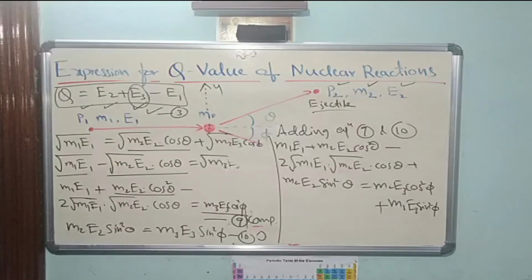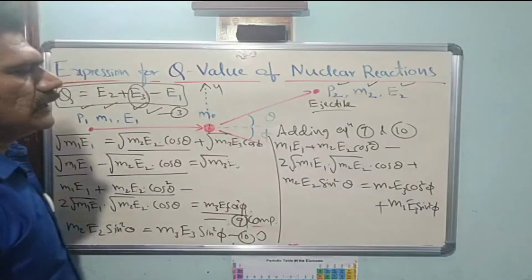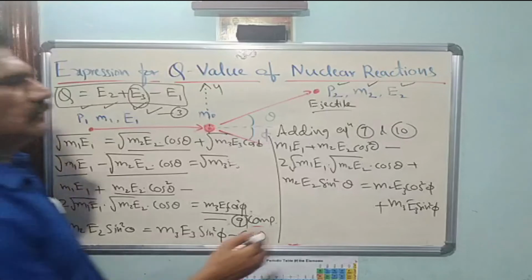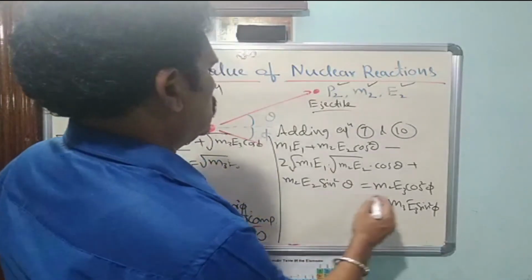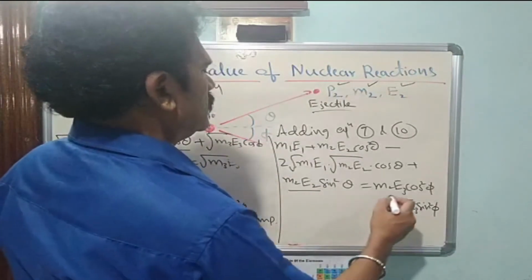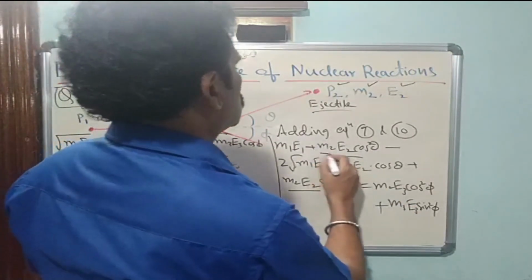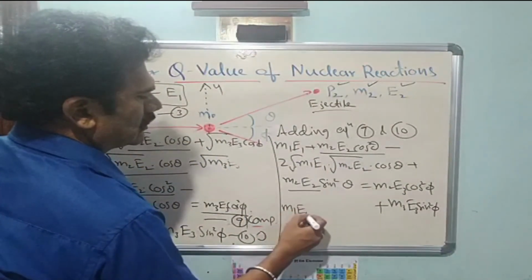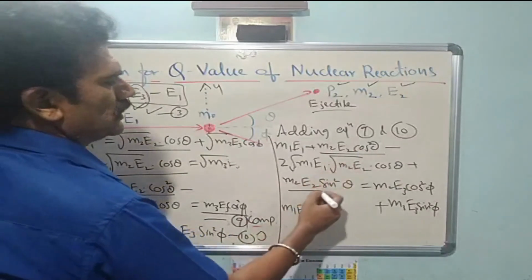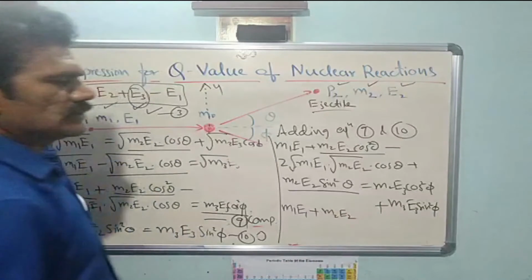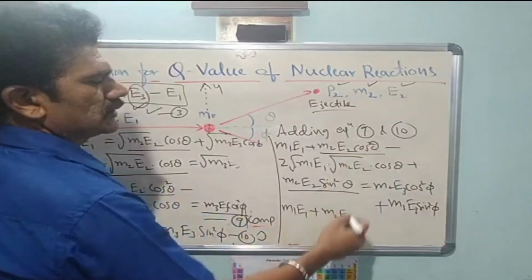Now you look at the equation. So here cos square theta plus sin square theta can be considered as 1, by taking m2 e2 common. So the simplification is now m1 e1 plus m2 e2, where m2 e2 is common, sin square theta plus cos square theta is equal to 1.